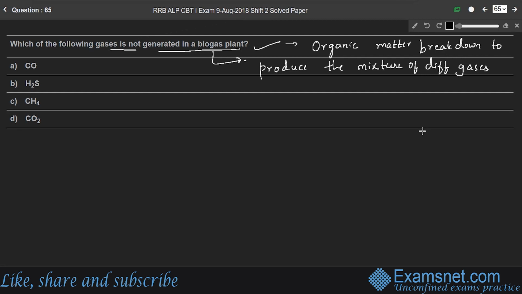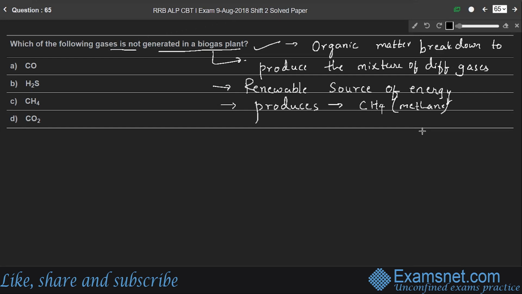Biogas is a renewable source of energy. It can be produced from raw materials like agricultural waste, manure, municipal waste, plant waste, etc. It produces methane in the biogas plant, CH4, which is methane.